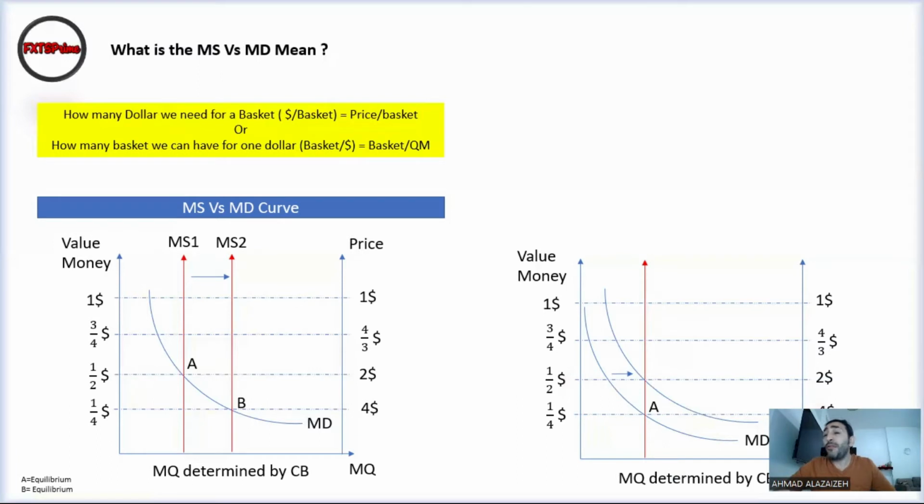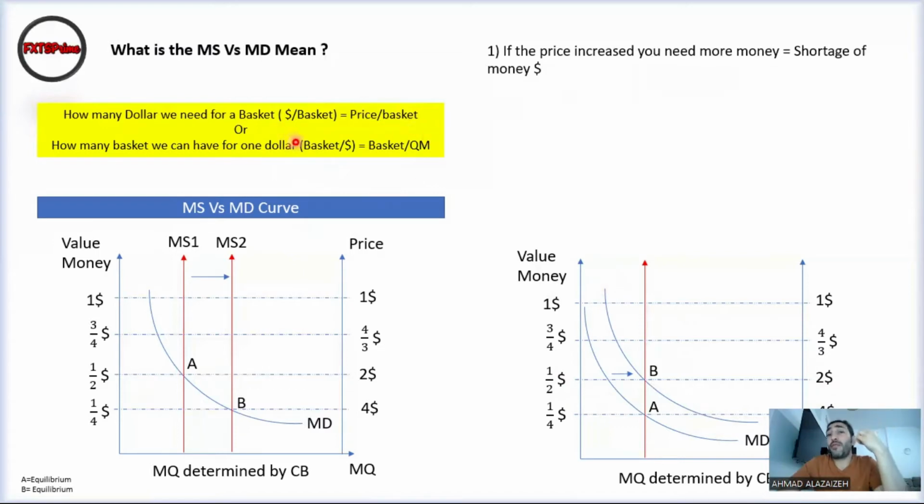So when the demand on the money goes up, the prices will go down for the basket, and the value of the money will go up. All right, so you can see that the value at B is increased, doubled, and the price has decreased. So now, what to take from this slide?